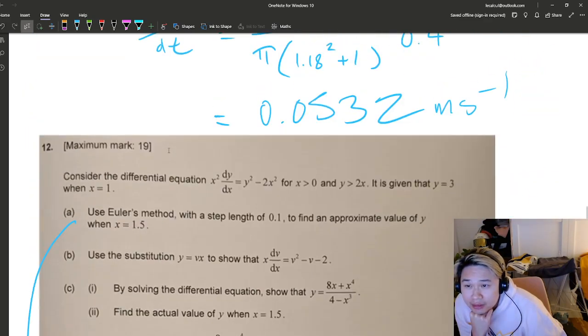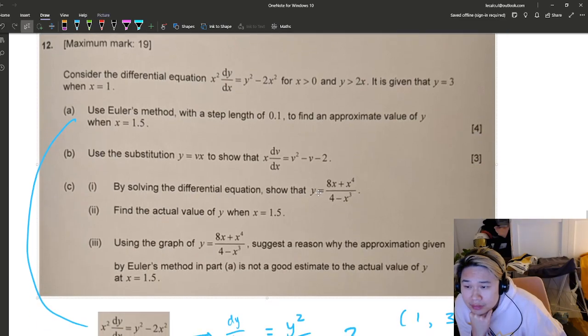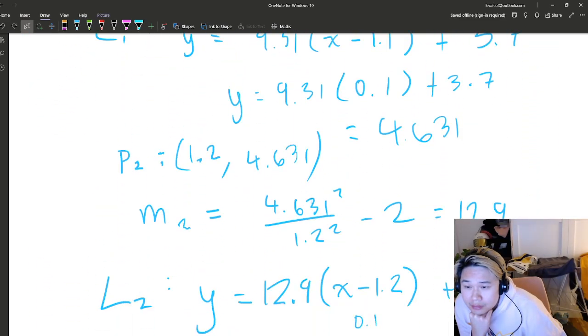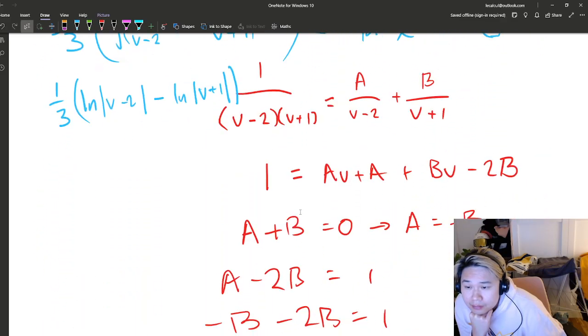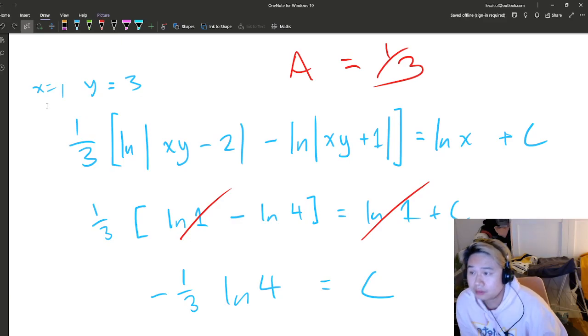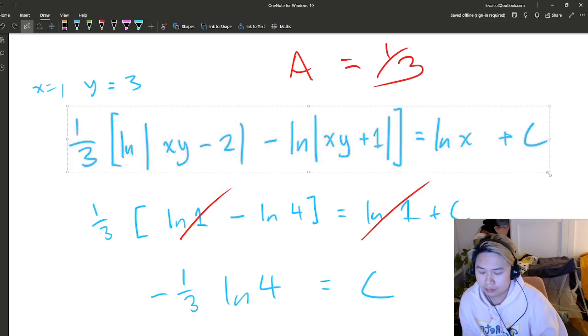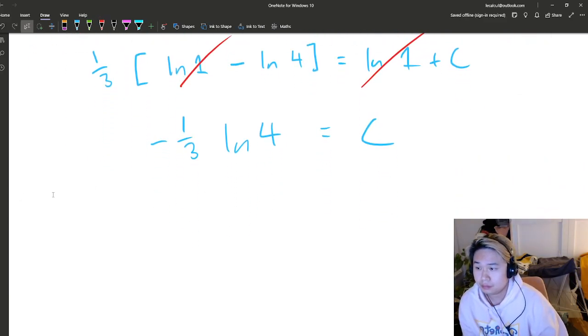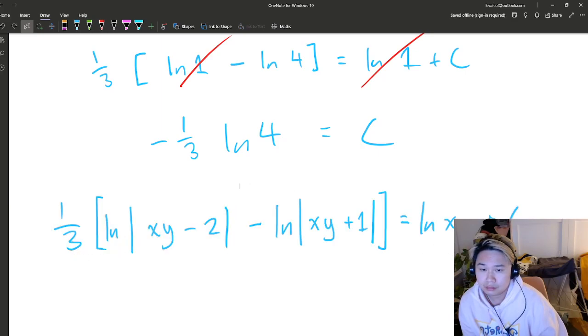Is x always greater than 1 or always greater than 0? Okay, and then we now know what c is.